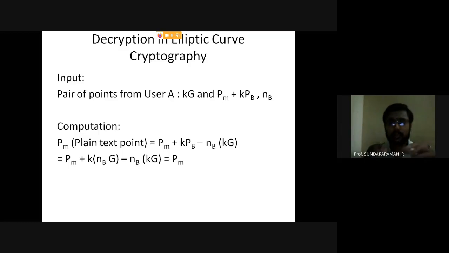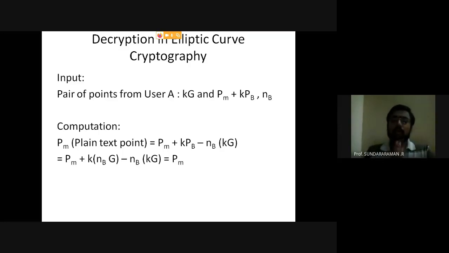First, what I have to perform is nB into kG. kG is already available to me. kG is a point. Now you perform one more scalar multiplication with the nB, so you get another point, right? So Pm is one point, kPb is another point, nB into kG is another point. So 3 points are there: Pm plus k into Pb minus nB into kG.